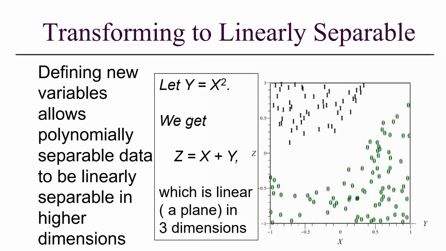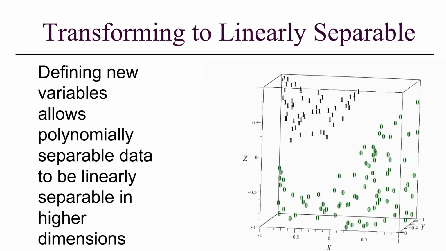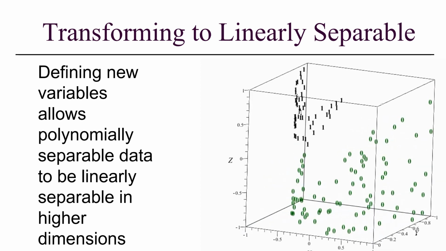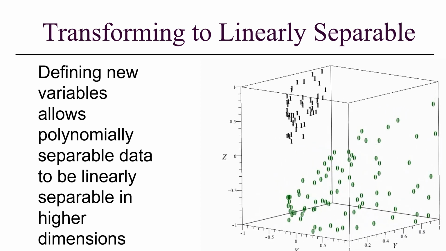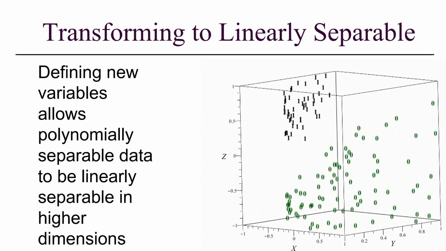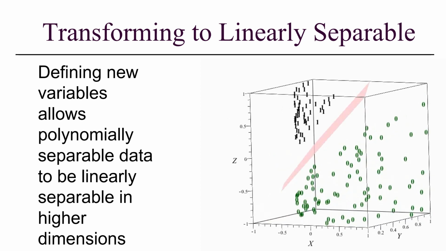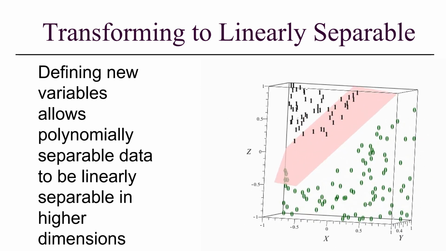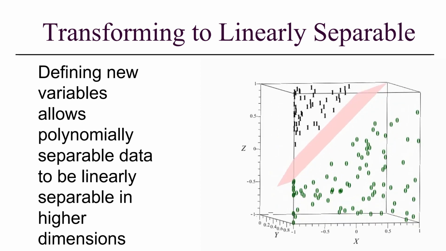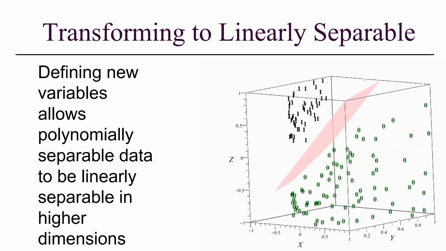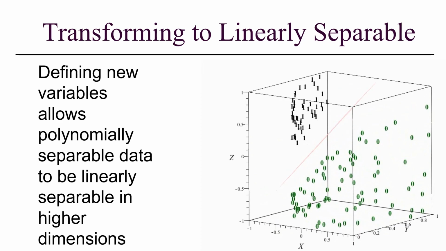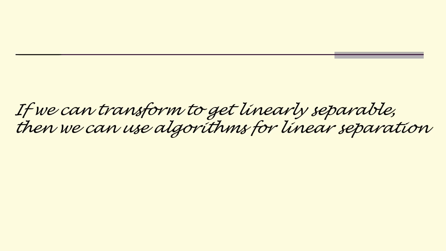But if we let y be equal to x squared, then we get z equals x plus y, which is the equation of a plane in 3 dimensions. And that means that we could lift this into a higher dimensional space, in which case we can actually separate it by a plane. This is the hyperplane separation of this transformed data. So if we can transform to get linearly separable, then we can use algorithms for linear separation.